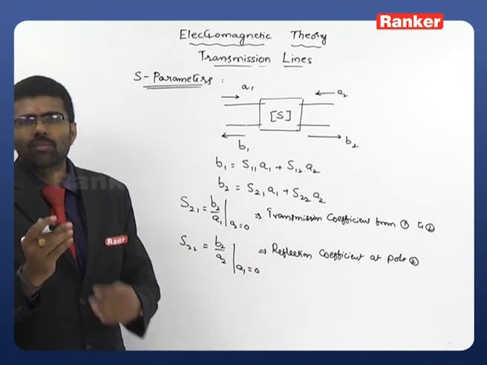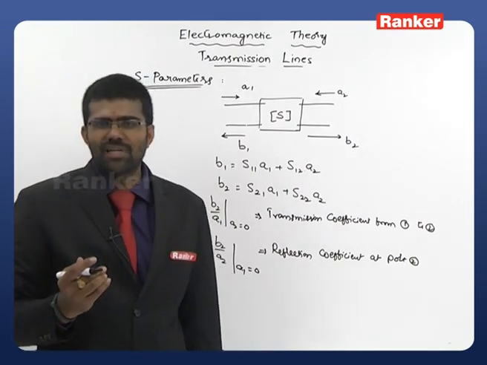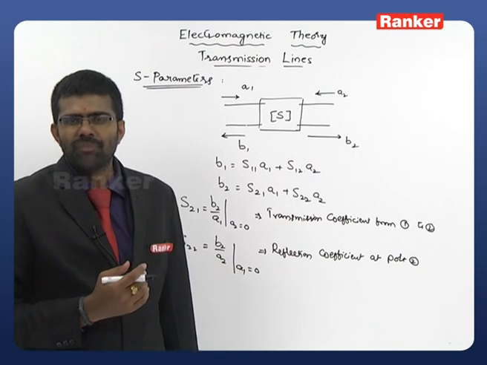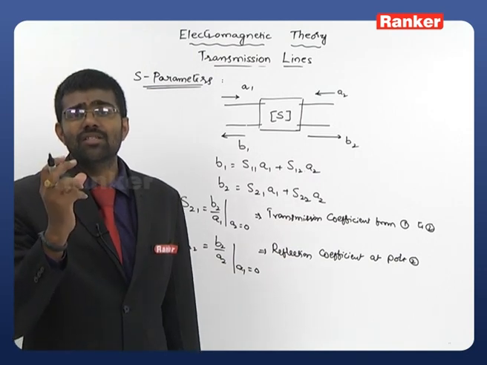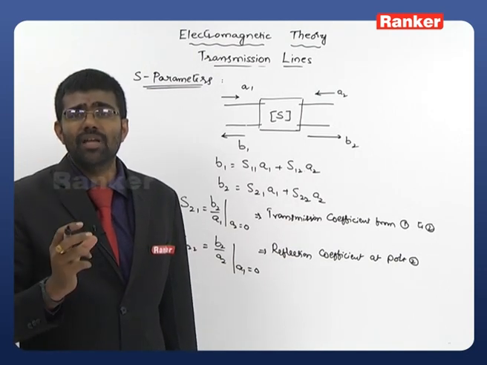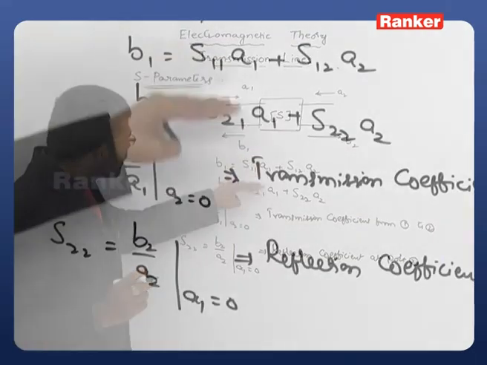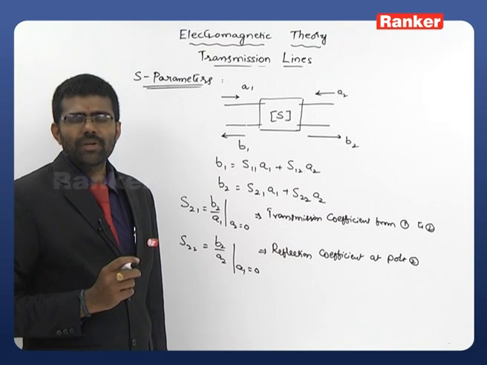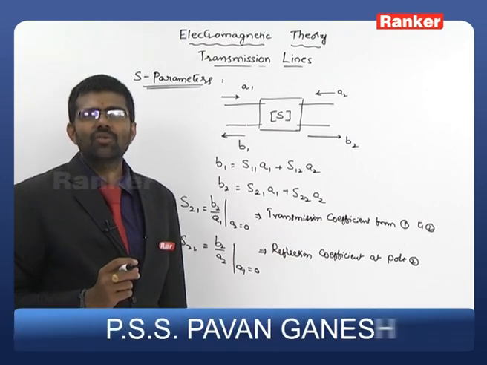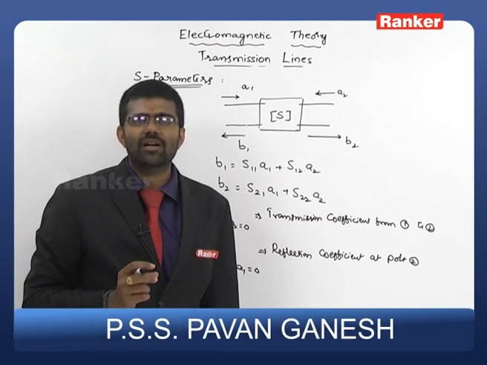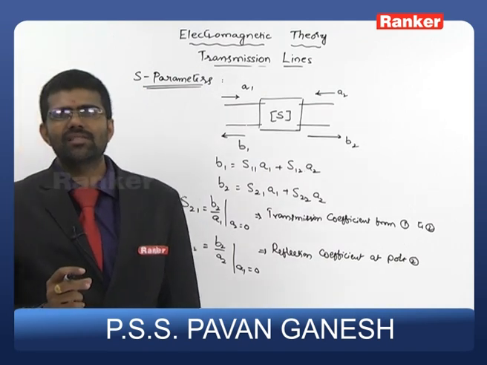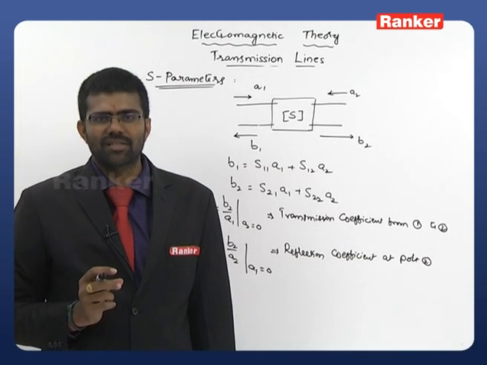If you increase the number of ports, that is, if a 3-port network is taken, you can analyze the same way how the voltage distribution or wave distribution will be among all those ports, using this simple analysis. That's why the scattering parameters, or scattering coefficients, or simply S parameters, are very important in the analysis of our transmission line junctions.